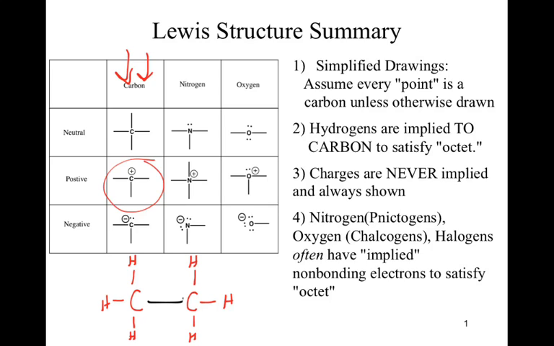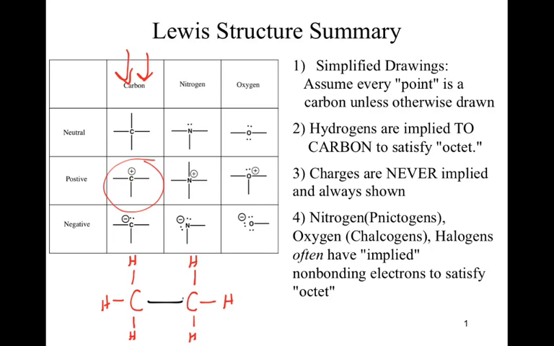Our last rule: our nitrogen, oxygen, and halogens will often have implied non-bonding electrons. So we won't imply hydrogens on our nitrogens and oxygens. We have to specify those. But we might very well imply the lone pairs, those non-bonding electrons.